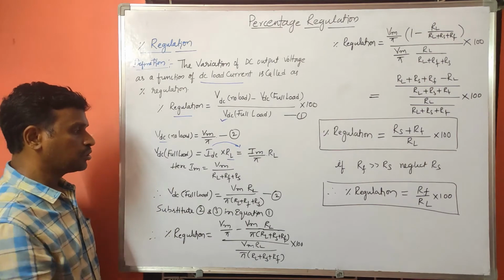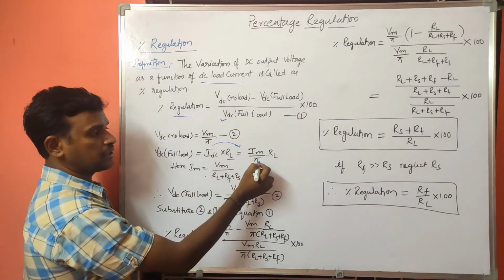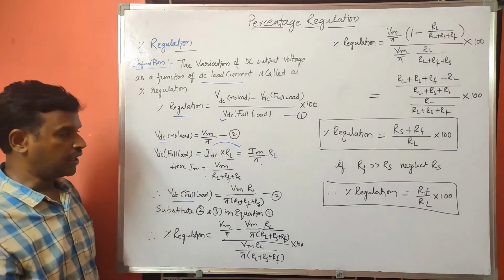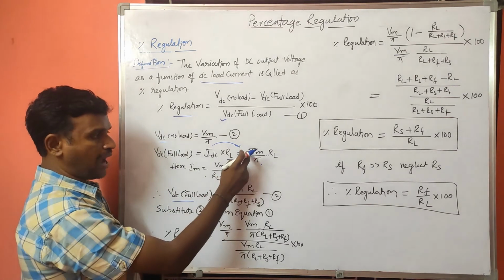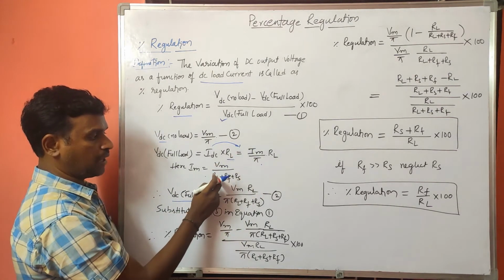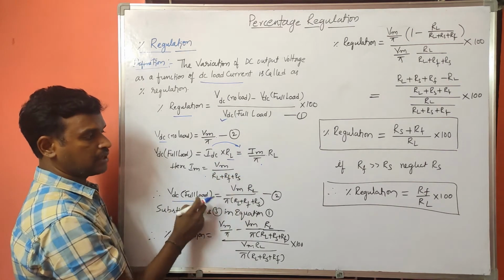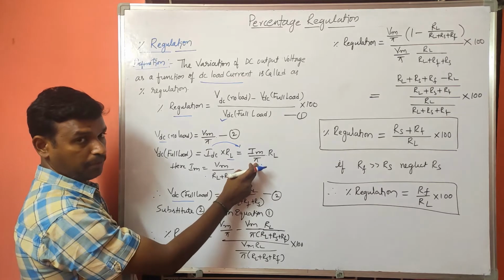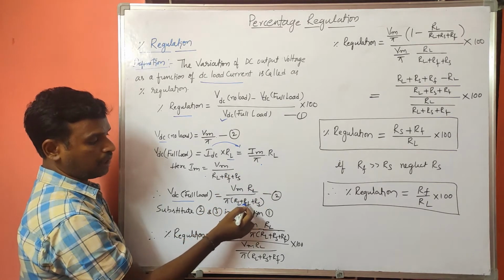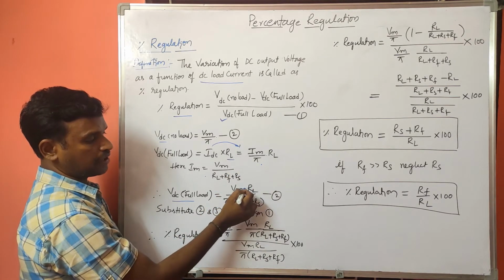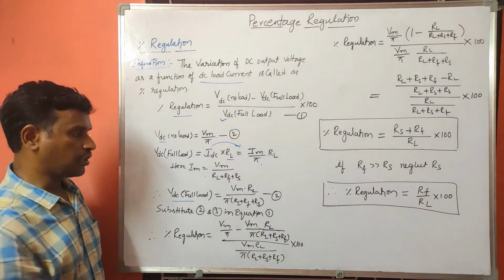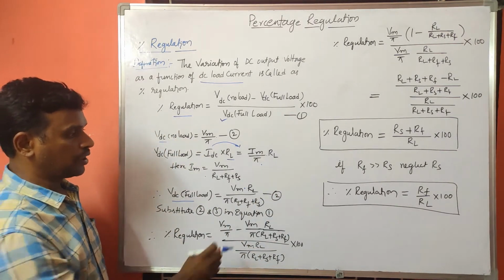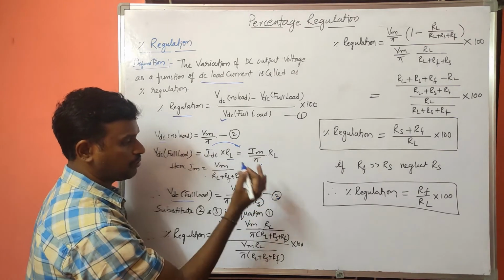Substituting this in the equation, VDC full load is equal to Vm by pi into RL plus Rf plus Rs, multiplied with RL. So this equation I am taking as equation number 2, and this equation as equation number 3.